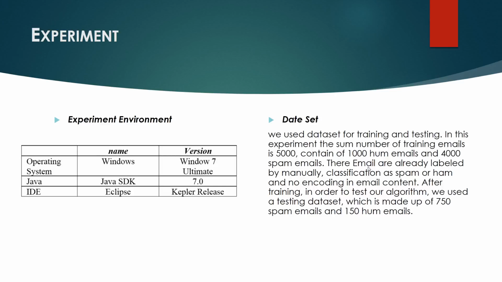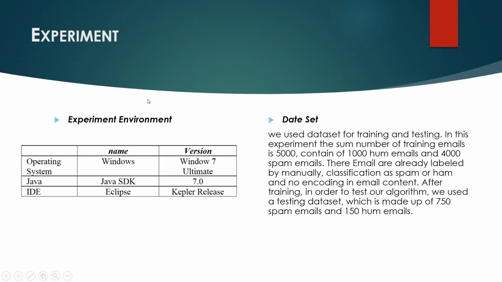This process will make our program learn how to judge ham and spam. In the test section, after training, in order to test our algorithm, we used a testing dataset which is made up of 715 spam emails and 115 ham emails.